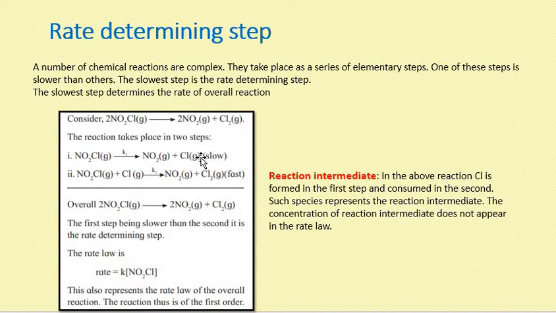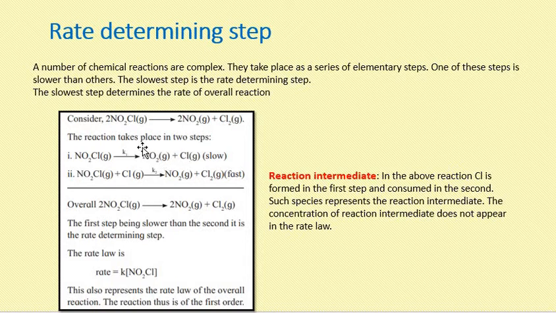So the first step, which is slower, is the rate determining step. And here we also see that one of the products formed in the first reaction, atomic chlorine, is consumed in the second step. So this atomic chlorine is a reaction intermediate. The concentration of a reaction intermediate does not appear in the rate law. Also, it will not appear in the overall net equation.